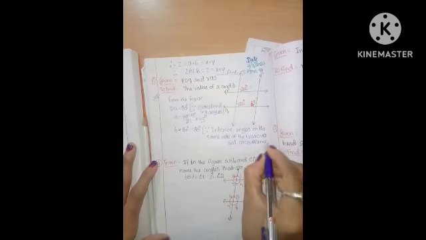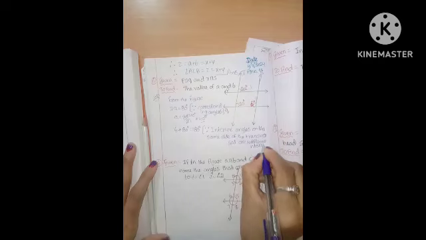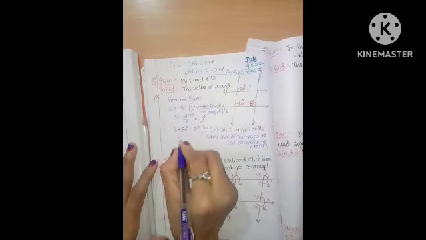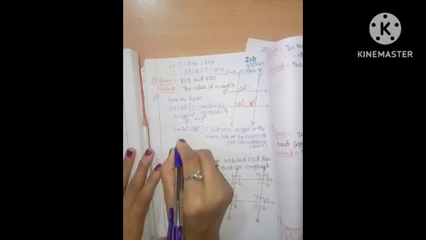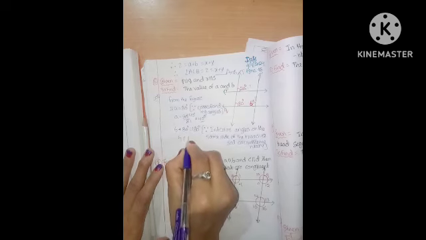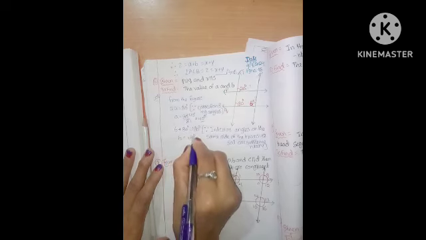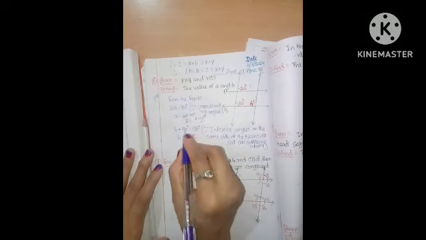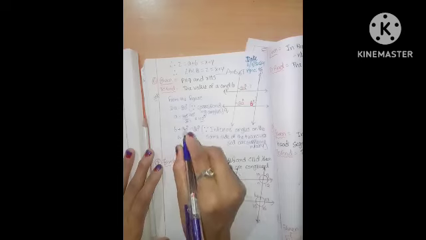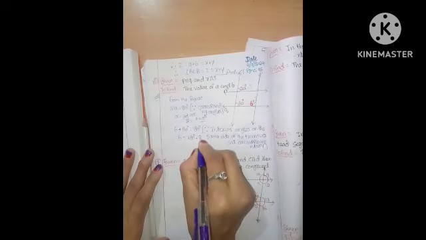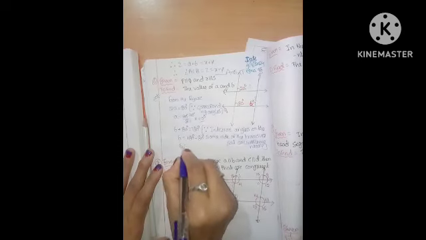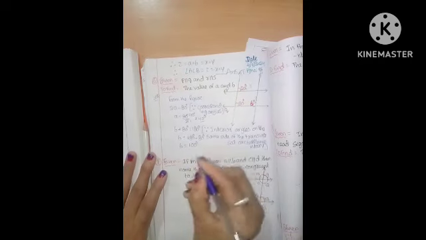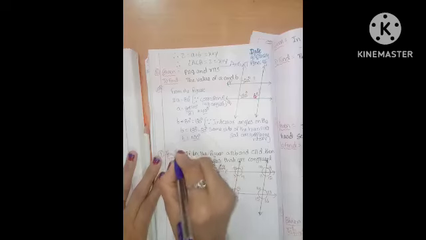Do you know supplementary? A supplementary angle is 180 degrees. We want the B angle, so the constant goes to the other side: 180 degrees, minus 80 degrees. So B is equal to 180 minus 80, which is 100 degrees.